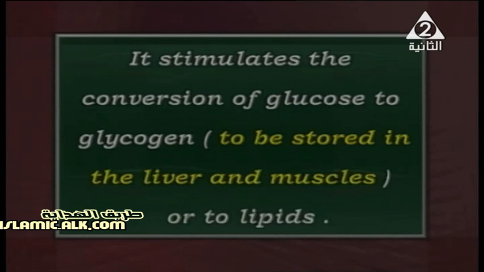Inside the cell, it stores glucose to work, grow, and oxidize most of it, and also to store it in large amount inside the liver. It also stimulates the conversion of glucose to glycogen. Glycogen means what? The stored glucose inside your liver, that you do need at this time. Liver and muscles convert it into lipids.